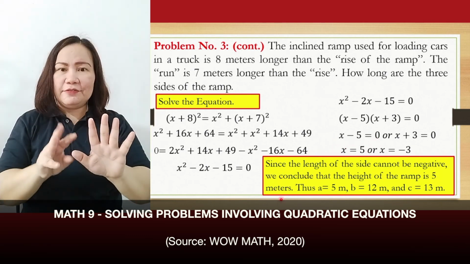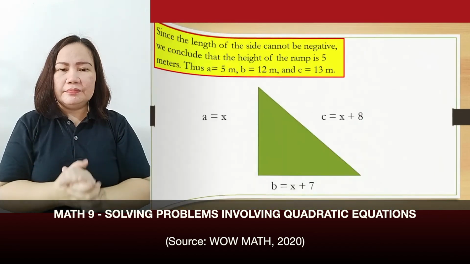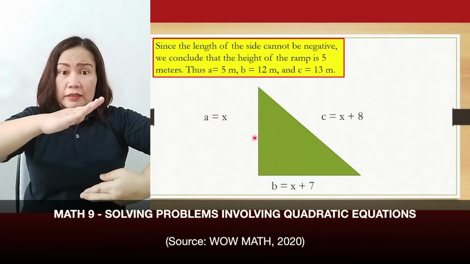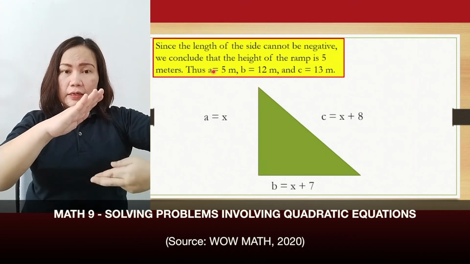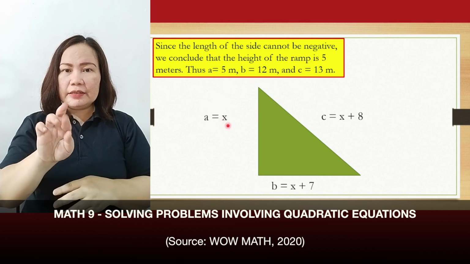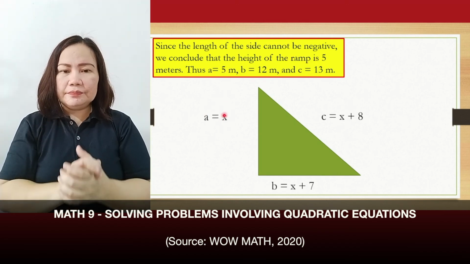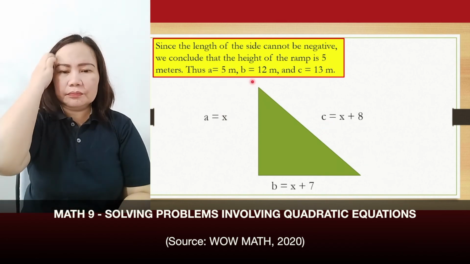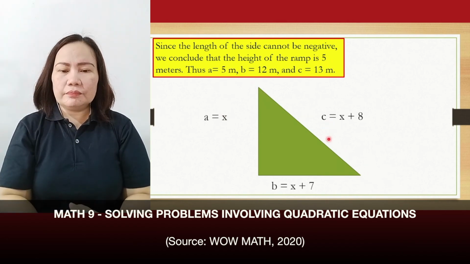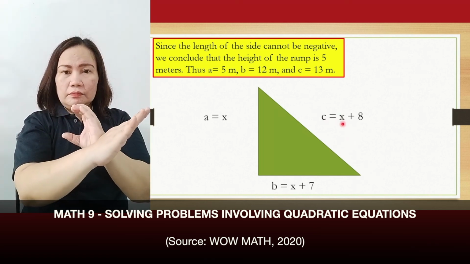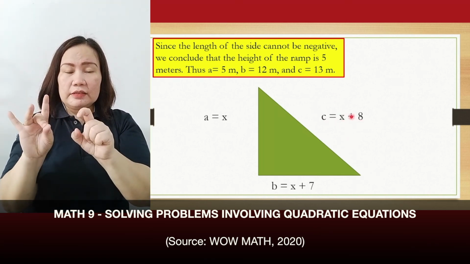Okay, so 5 meters. So, therefore, the height of the ramp, since our value is 5, is 5 meters. So, we are substituting the values. Okay? And then, the inclined ramp is 5 plus 8, that is 13.